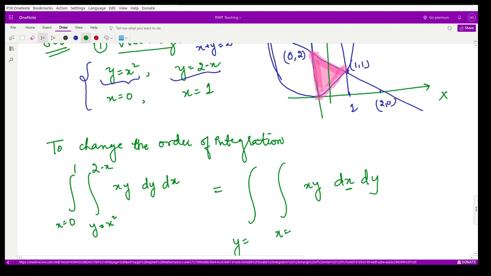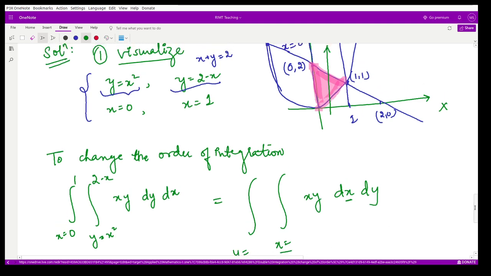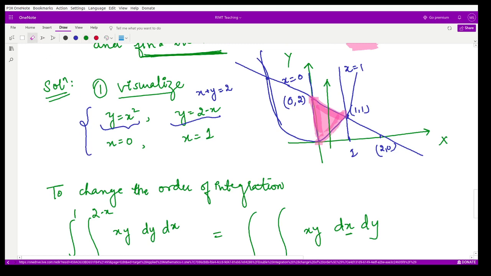So from this figure you have to determine what is the value of x and what is the value of y. Now when you see these limits, so in that case, you have to take the horizontal line instead of the vertical line. So how can you take the horizontal line?